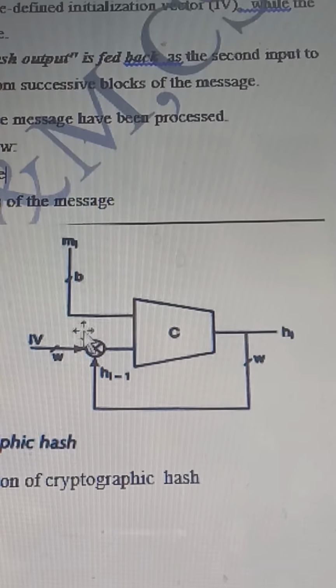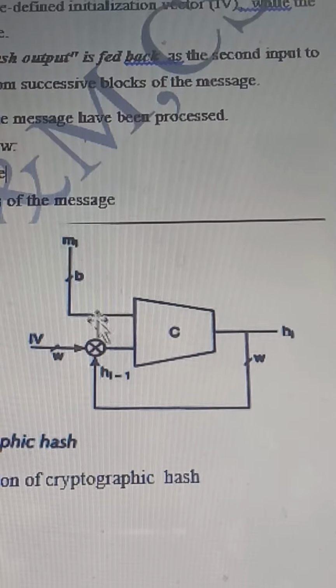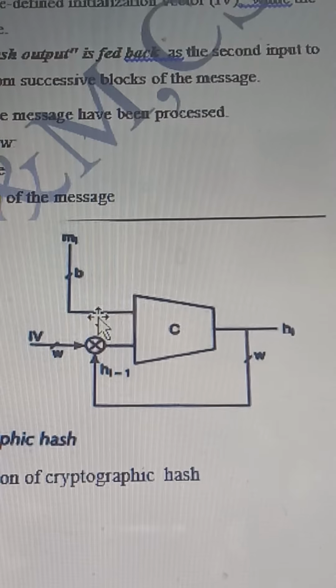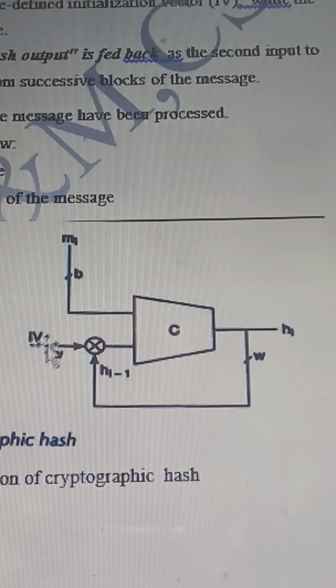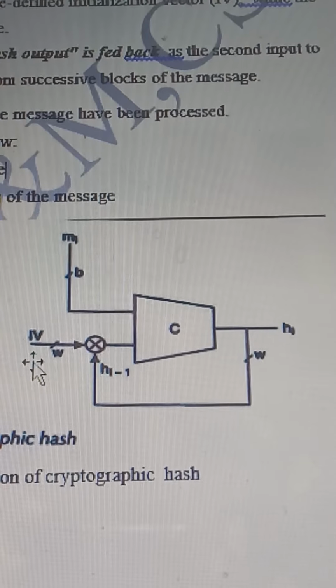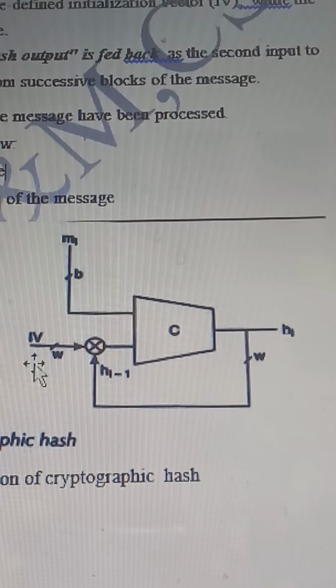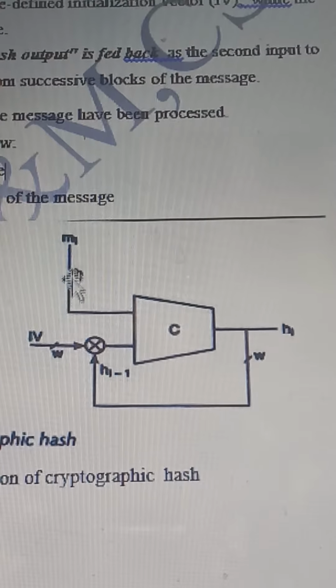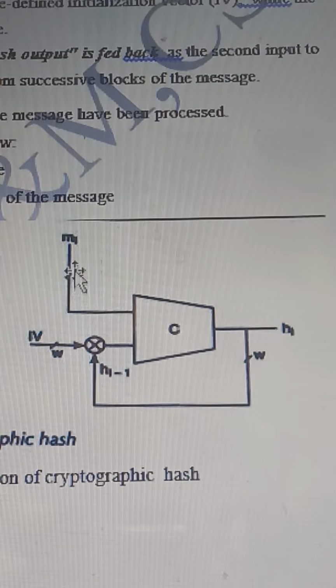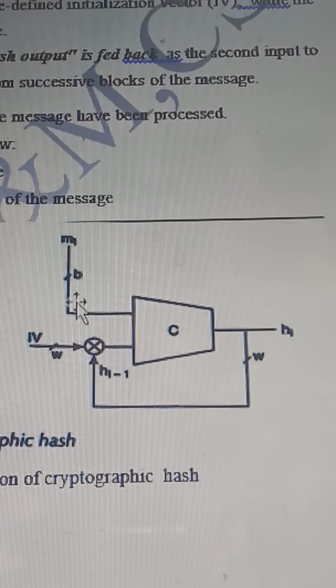During the first iteration, it accepts a predefined initialization vector IV, while the top input is the first block of the message, as we are seeing here.